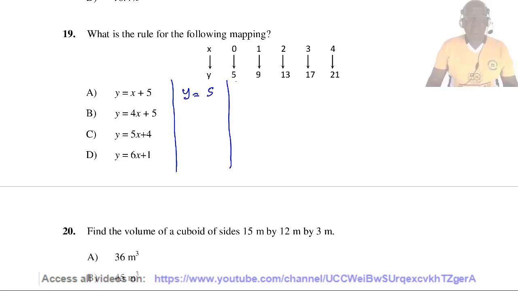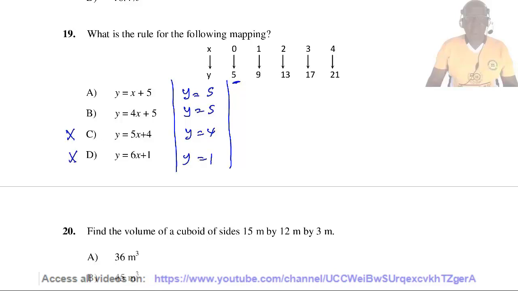For B, Y is going to be equal to 0 plus 5, which equals 5. For C, Y is going to be equal to 0 plus 4, which equals 4. And for D, Y is going to be equal to 0 plus 1, which equals 1. Now, since 0 maps into 5, it means C and D are wrong.